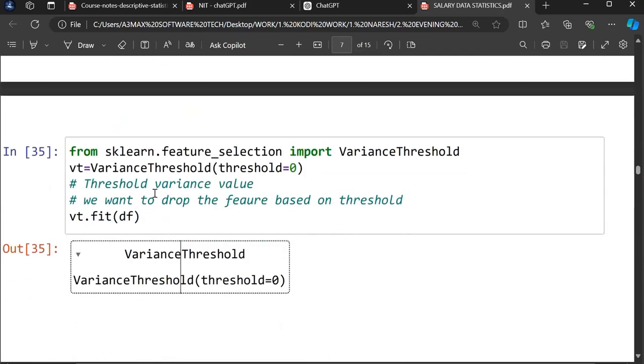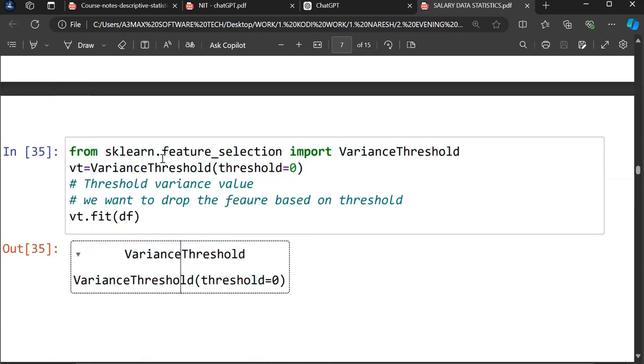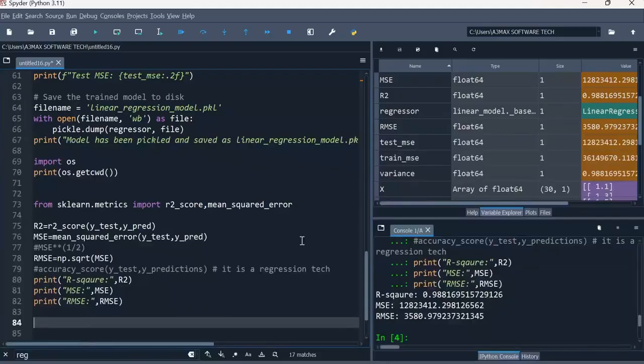Okay. Now from sklearn, variance threshold: we want to drop the feature based on the threshold value. See, can you try this? What is the threshold limit? Actually, this is not required, but still I want to introduce the variance threshold.